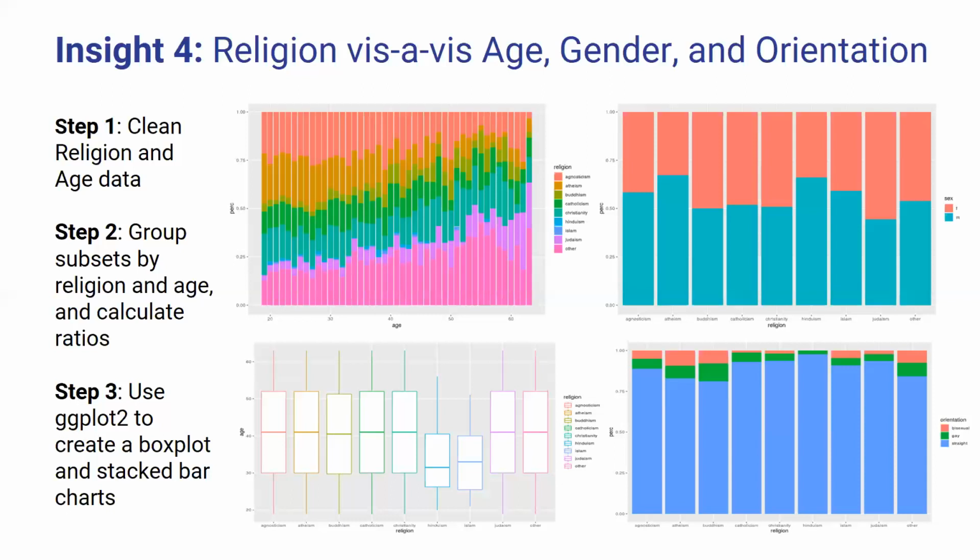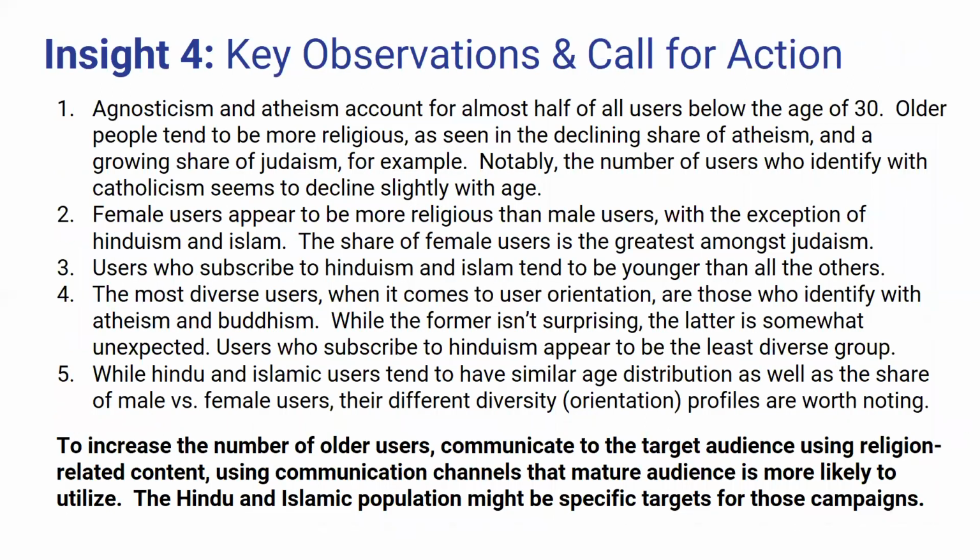So looking at some of the key observations, we think that to increase the number of older users, we need to communicate to the target audience using religion-related content, using communication channels that a mature audience tends to utilize more often. And we also know that the Hindu and Islamic population might be specific targets for those campaigns.